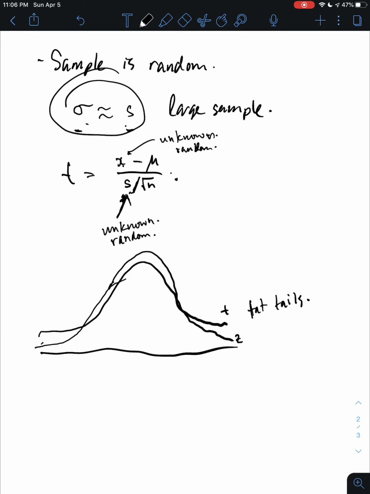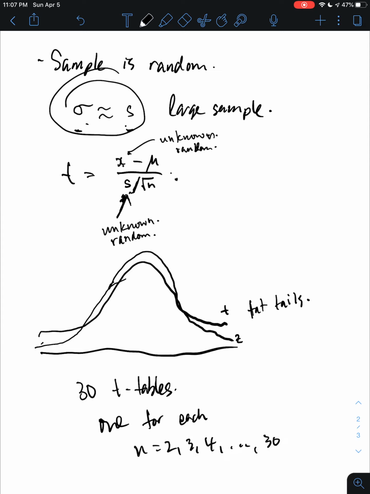We would have to have about 30 t tables to do this the same way as we do the z table, one for each value of n. We could probably cut that down from 30 to 28 or 29 tables, but that's still a lot of tables.